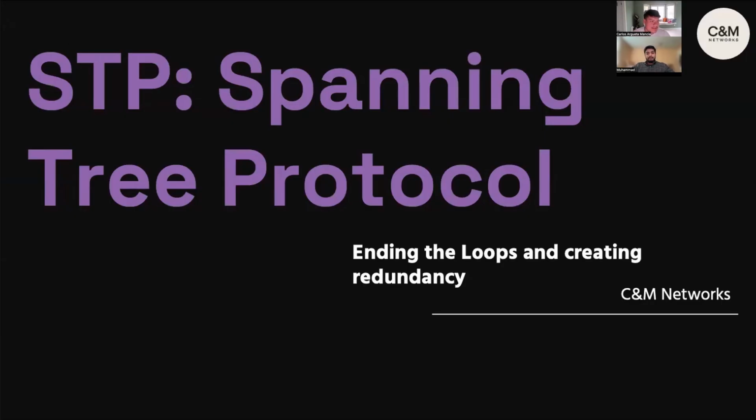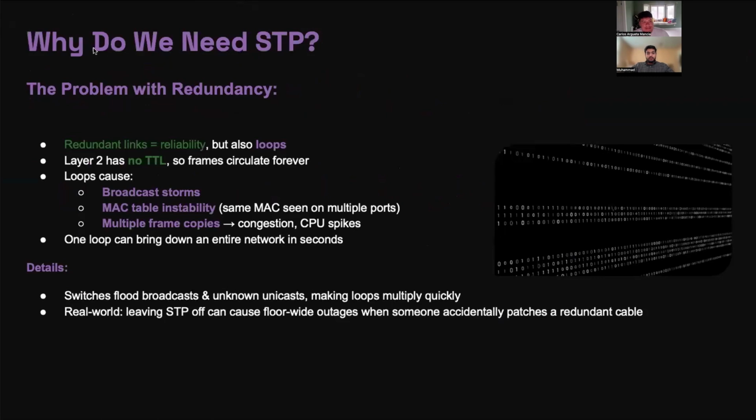Awesome. So did you want to explain to us why do we need spanning tree? Of course. The problem with redundancy is that as you add more links and your network gets complex, the redundant links will give you reliability, but they will also create loops because of broadcast storms and unknown unicast frames.